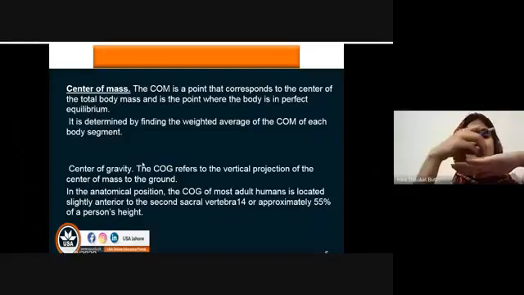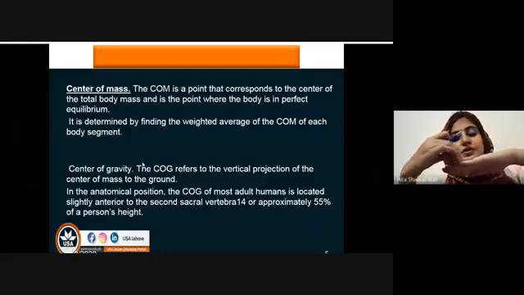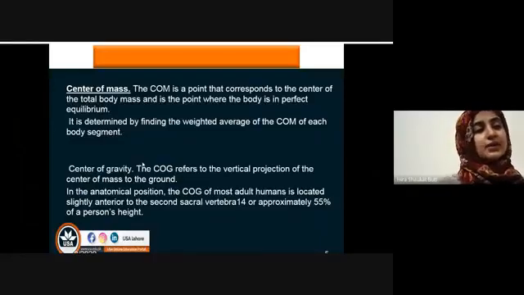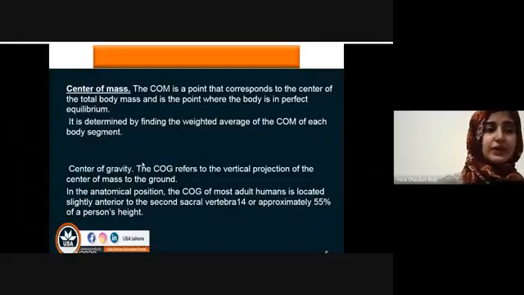The center of mass will be at this point, and if it is deviated towards this or this, then the body will not be in static equilibrium, or it will not be easy for the body to maintain its position. So the center of mass is the point of the body's perfect equilibrium.